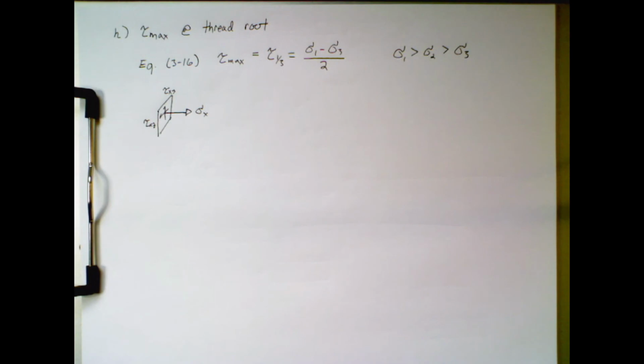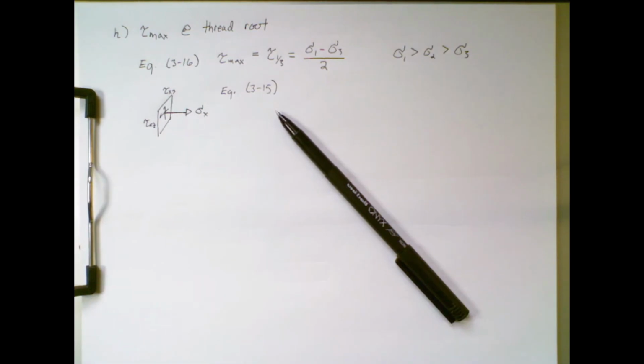Now, just to verify this, we can go back to equation 315. This is the formula that helps us to determine the principal stresses for a general three-dimensional stress state. And this is a root finding approach. The three roots to this cubic equation are the principal stresses for a given stress tensor.